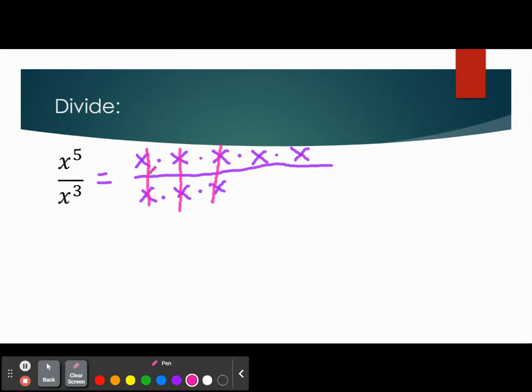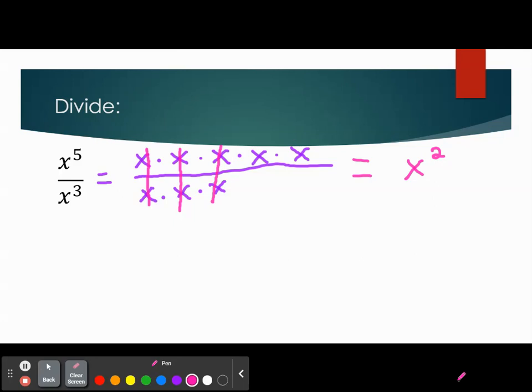So pretty much all of this is 1, so that's 1 times x times x. So you can really forget about the 1. What's x times x? X squared. So you're just subtracting.